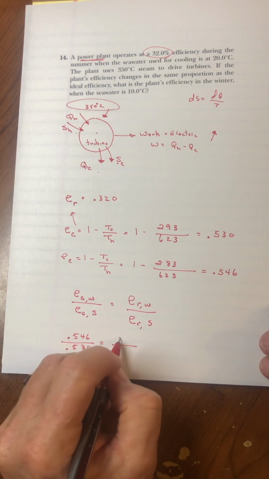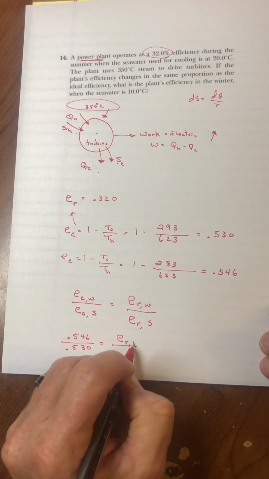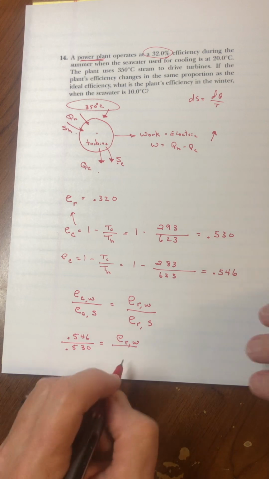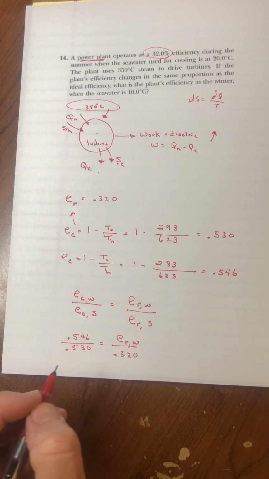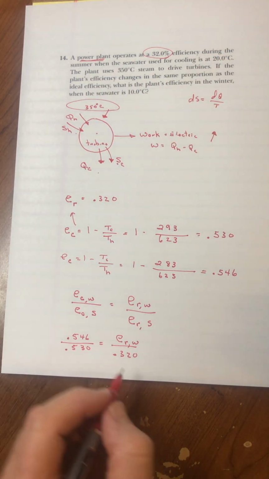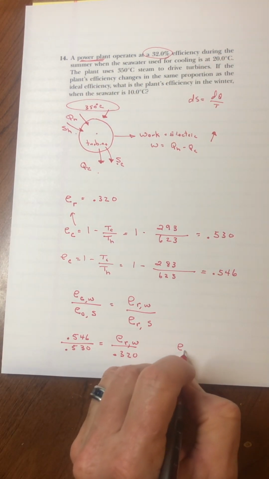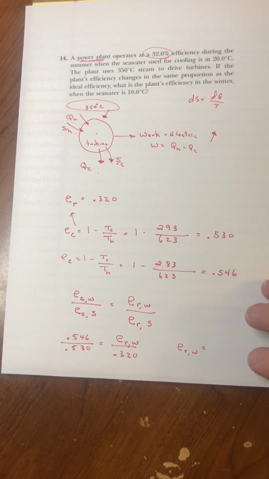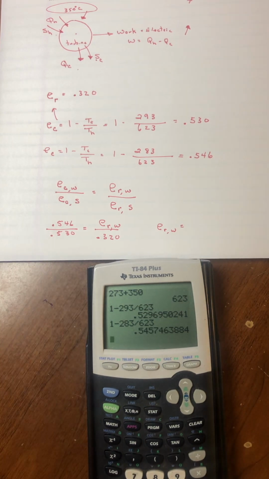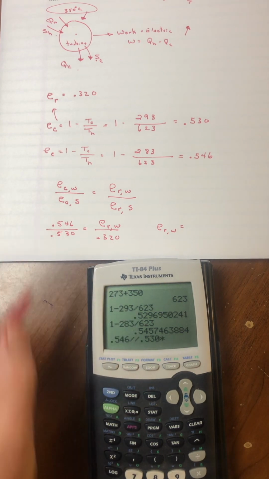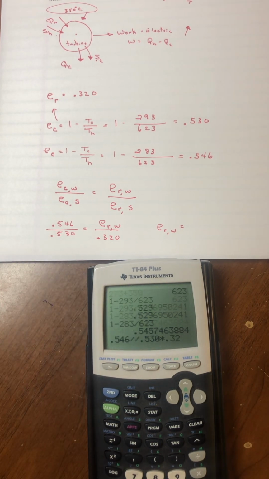Now, this is what we're looking for: what is the efficiency of the real engine in winter, knowing that in the summertime, they got this 0.322. And so now, grabbing my calculator, I can take this 0.546 and divide it by 0.530 and then multiply it by 0.322.